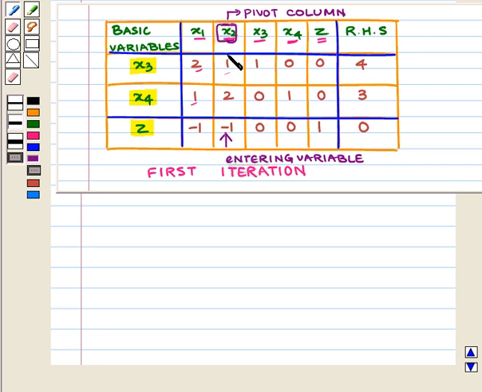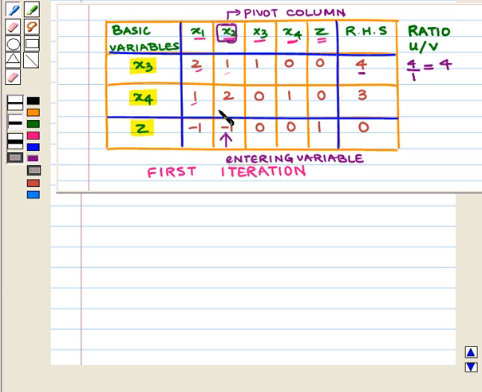Now see here, x2 is the pivot column. It has both elements positive, 1 and 2. In the first row, V is 1 and U is 4 in the RHS column. So we calculate the ratio U by V, that is 4 upon 1, which is equal to 4.